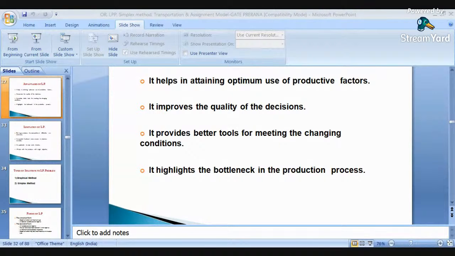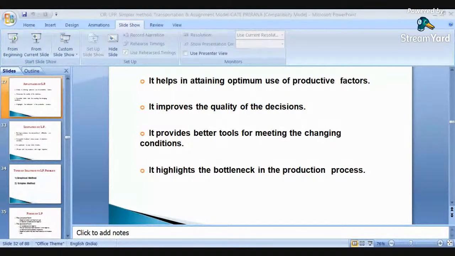Now the other method is the modified distribution method. MODI method is a more efficient procedure for evaluating the unoccupied cells. The MODI transportation table of the initial solution can be seen from the various steps: determine the initial basic feasible solution by using any method. Determine the values of the dual variables, that is Ui and Vj.